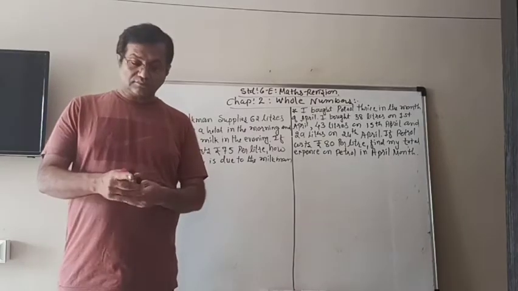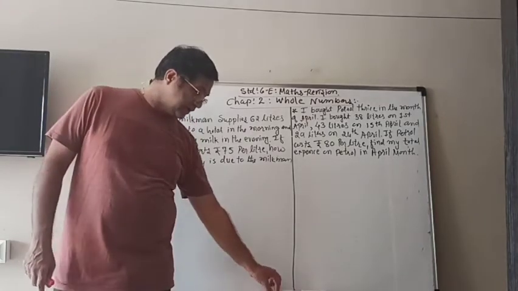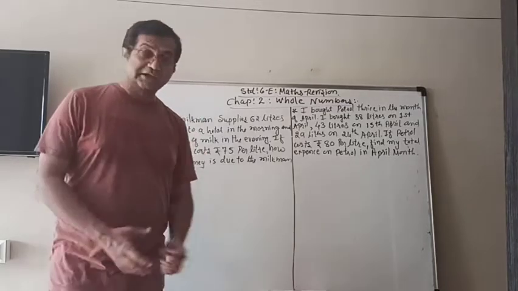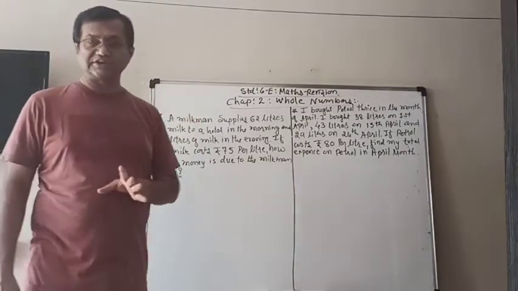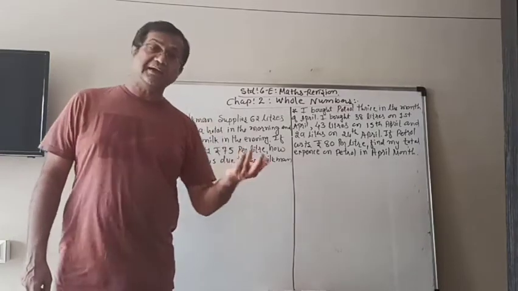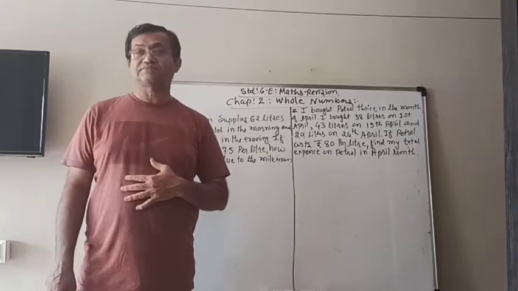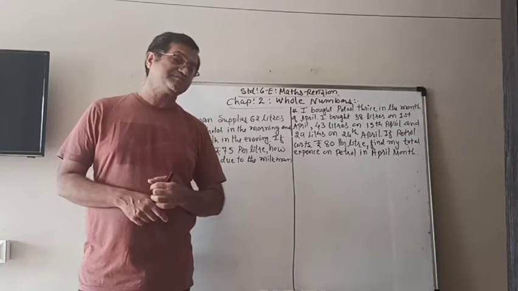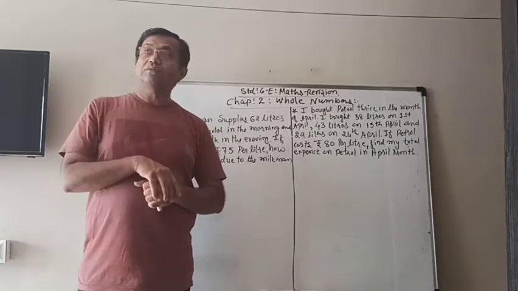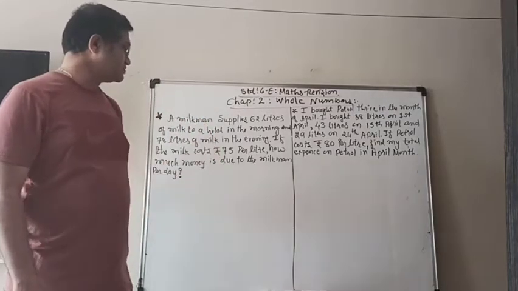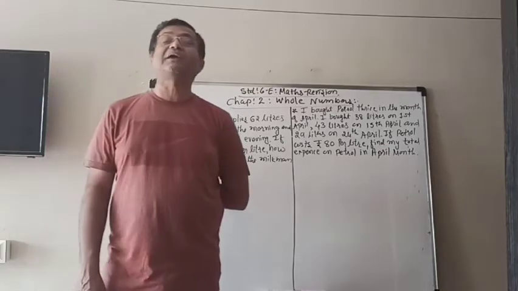So here, in the morning and in the evening he supplies milk. In the morning 62 liters and every evening 78 liters of milk is supplied. Now the cost is also given, it is rupees 75 per liter.